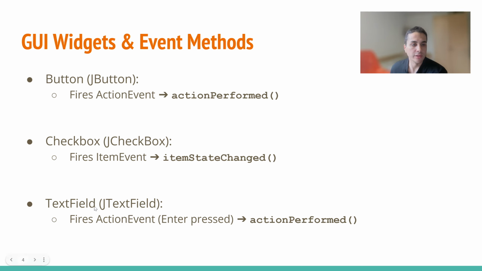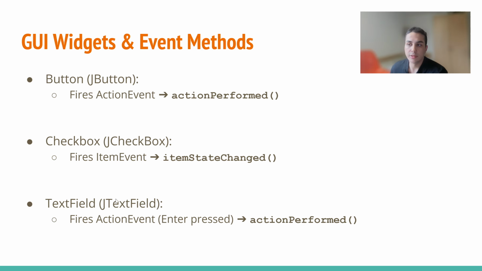And then we have text fields, JTextField, that can generate an action event when the user presses enter while typing. This can be handled by an ActionListener as well, like the buttons. The actionPerformed method is called when you press the enter key.